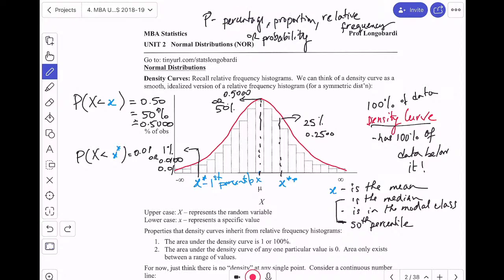What is x star star? What could we call x star star, and how could we express it in statistical notation?